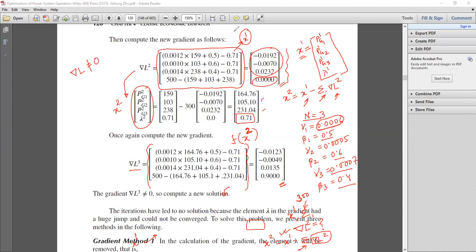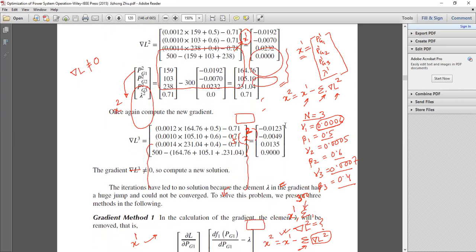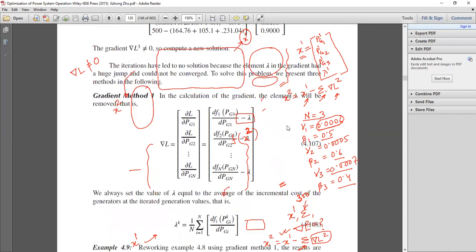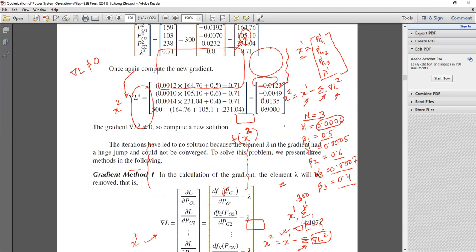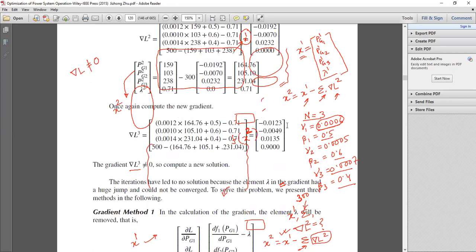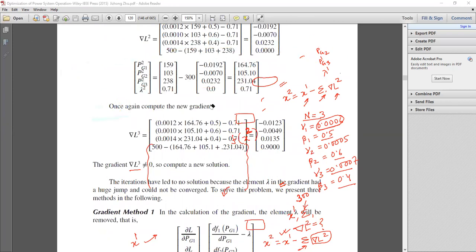Now what is coming up next? Your del L3 is again not equal to 0.